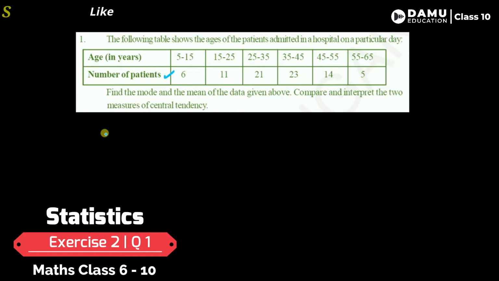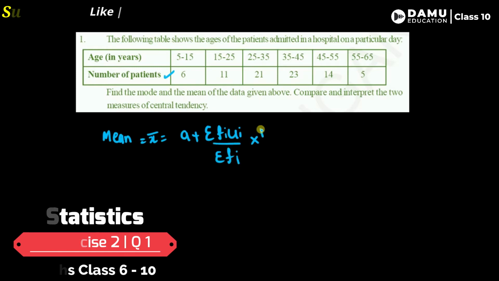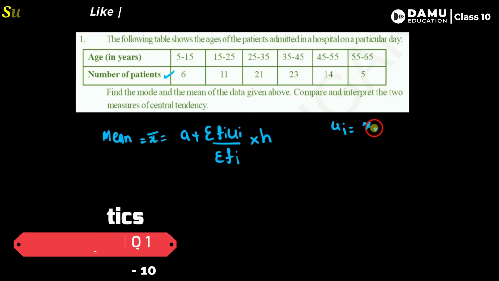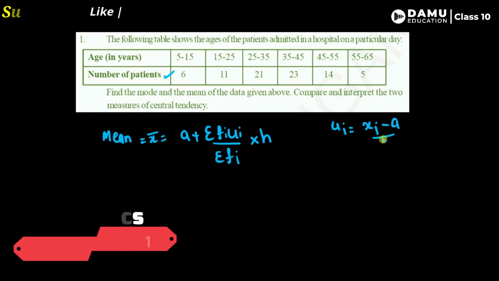So what is the mean formula? The mean, x bar, is equal to the assumed mean plus summation of f i u i divided by summation of f i, into h. Here u i is nothing but x i minus a, divided by h.